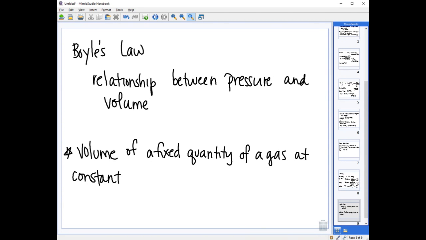Okay, so we've got a constant quantity, so a fixed quantity, and for Boyle's law, we have a constant temperature. So the volume of a fixed quantity of a gas at constant temperature is inversely proportional to the pressure.